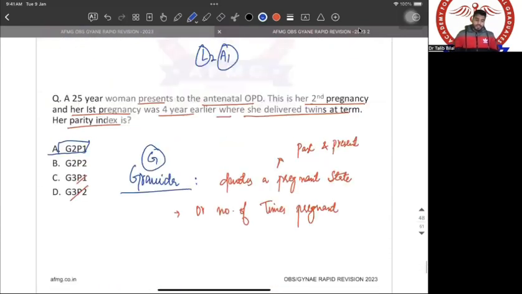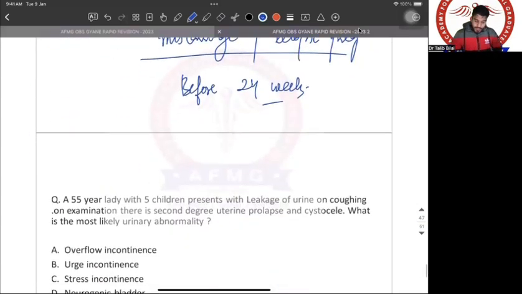So here, guys, simple question, gravida 2, para 1. Abortion is how many abortions she will give in the history, and live is how many children are currently live. So gravida 2, para 1 here is a parity index.